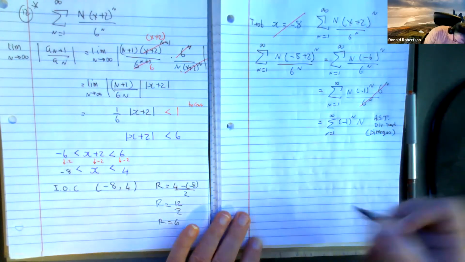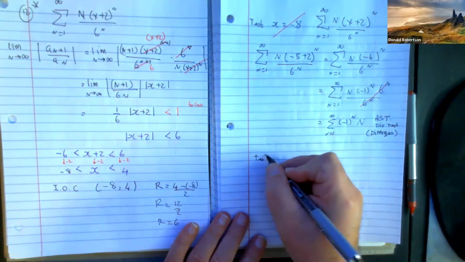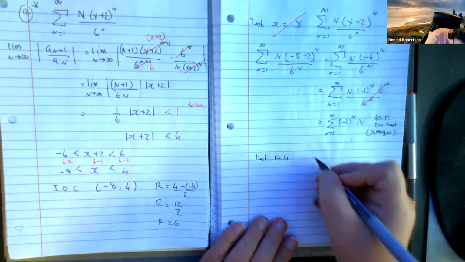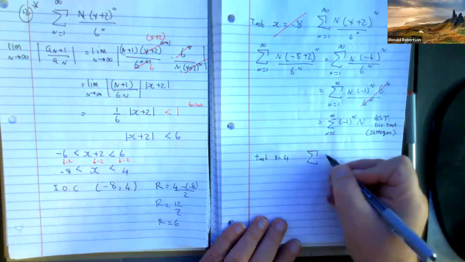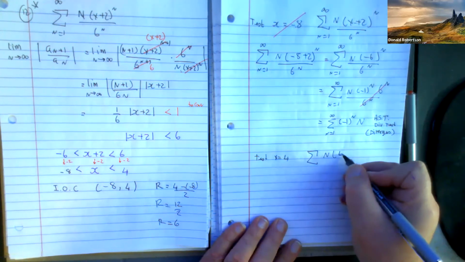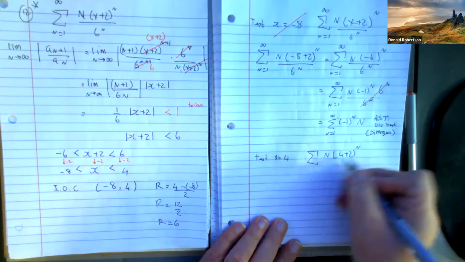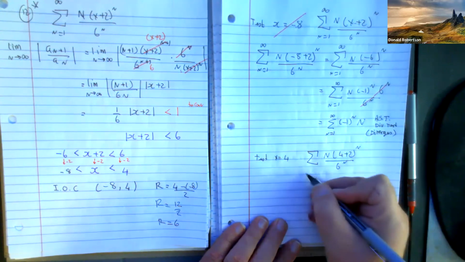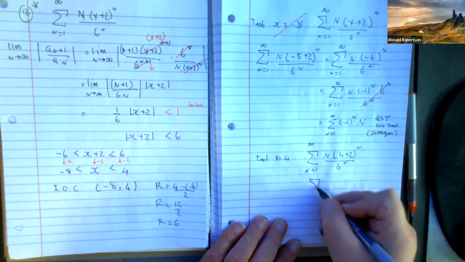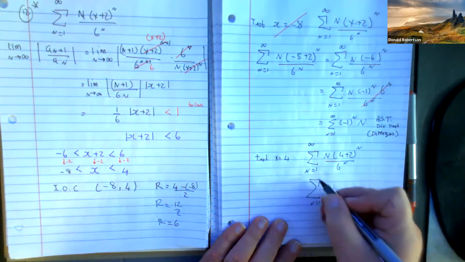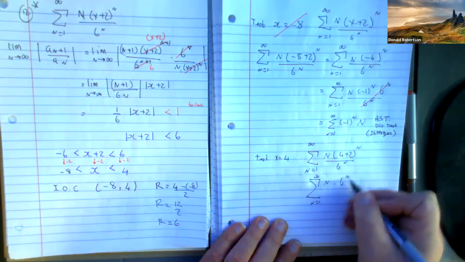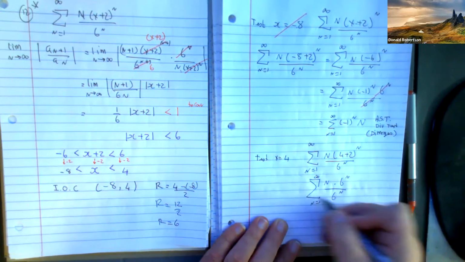Can't use him. Oh, maybe we'll get better with the other one, which is what, 4? So it's going to be the sum of n times (4 plus 2) to the power of n over 6 to the n, n equals 1 to infinity. 4 plus 2 is 6 to the n, all over 6 to the n.